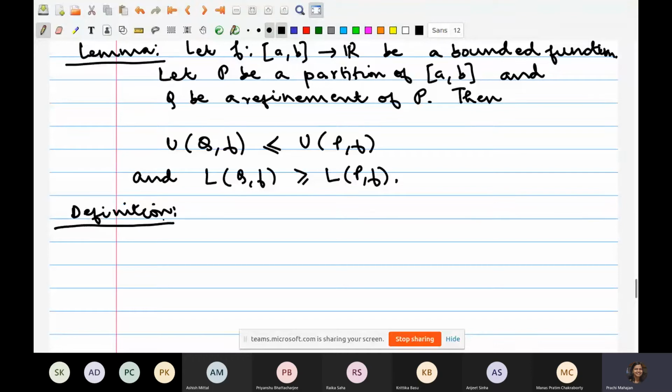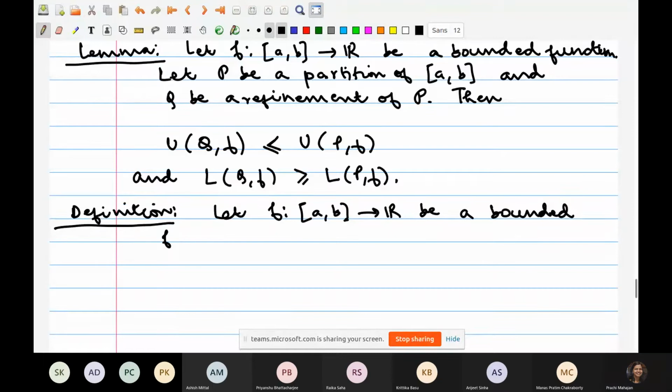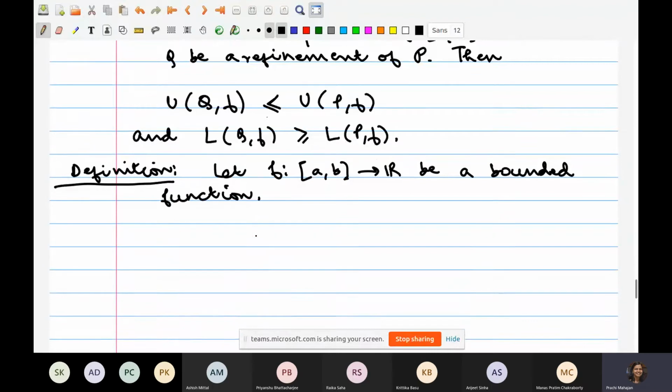What is this definition? Let f be a bounded function. Let's define the following two quantities.